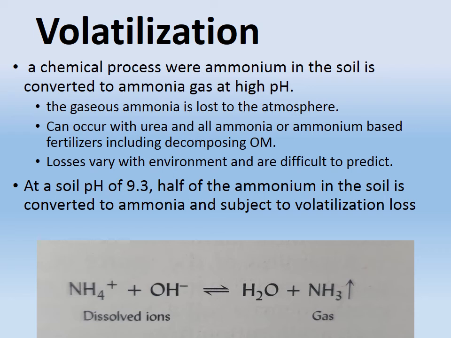This is the chemical equation for volatilization: ammonium ions combine with hydroxide ions to produce water, H2O, and ammonia gas, which is lost to the atmosphere. So this again is going to deplete the amount of available nitrogen in your soil.